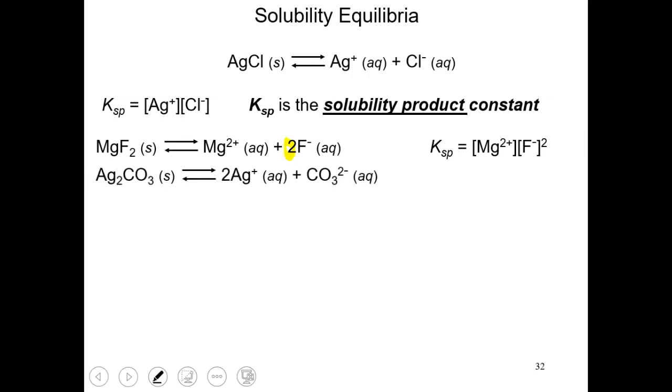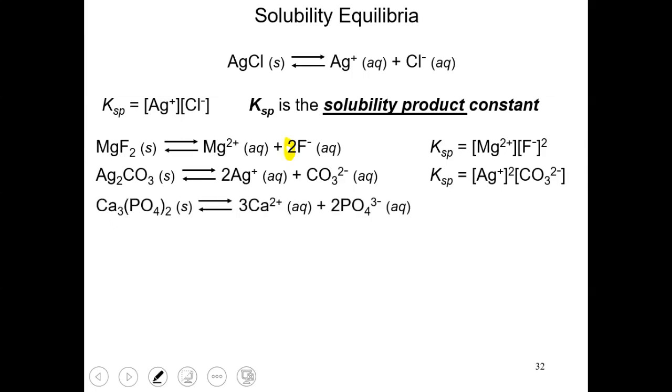Okay, let's try this one here. What would be the Ksp expression for this one? Right? So that would be silver squared times carbonate. Very good. Okay, let's do one more. Calcium phosphate, which would produce 3 ions of calcium and 2 ions of phosphate for every unit of the compound that actually dissolves in water.